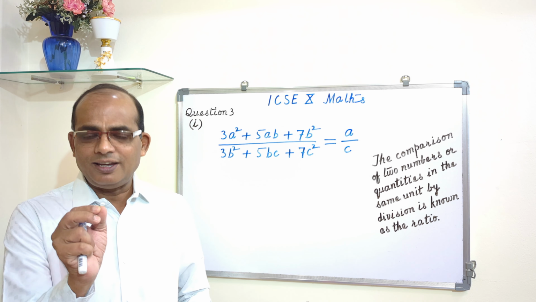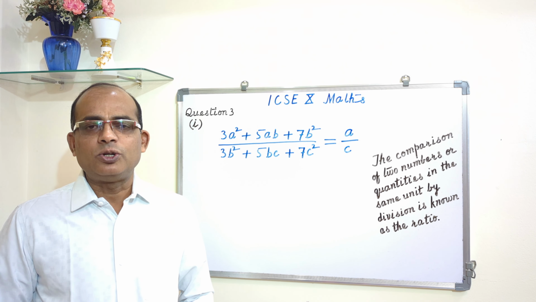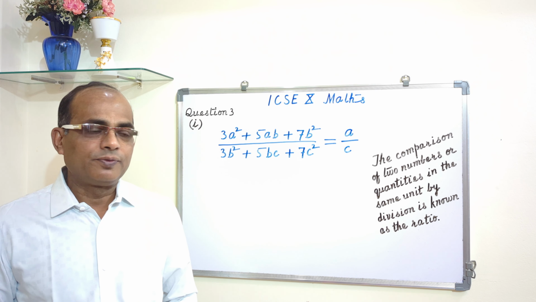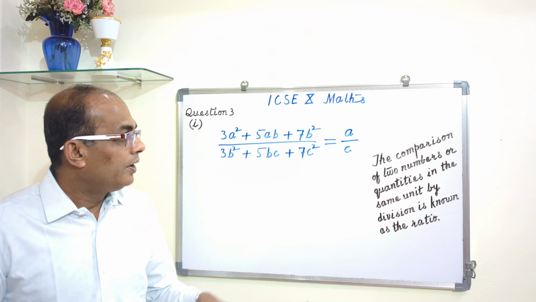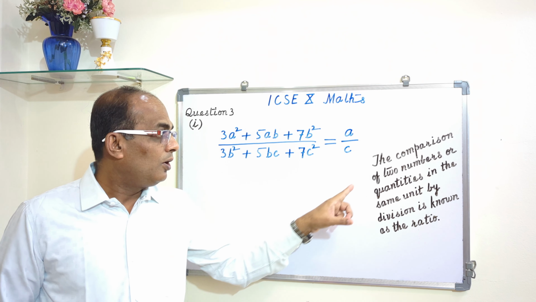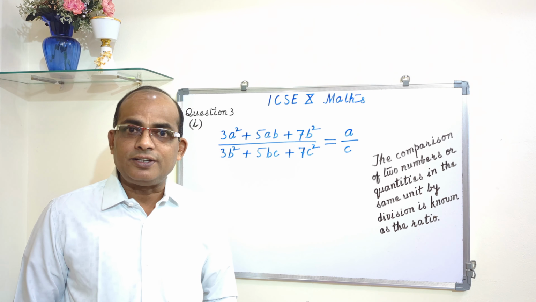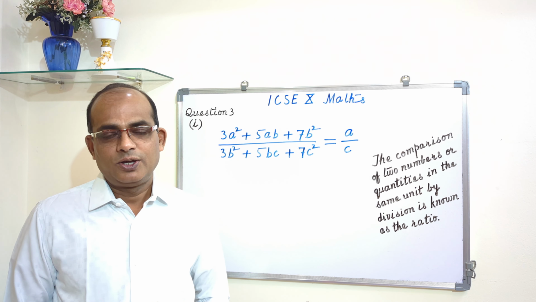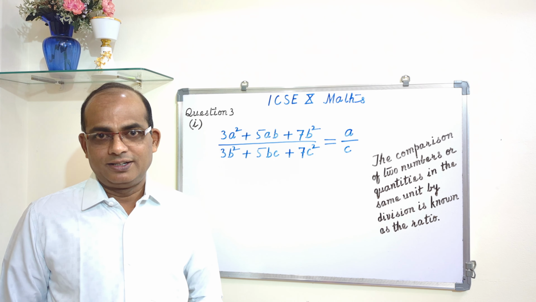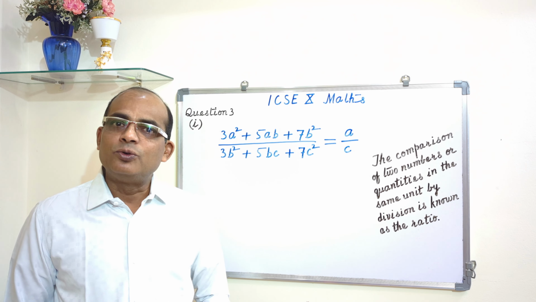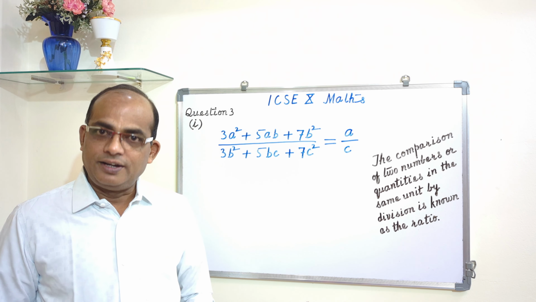So I'll just tell you the definition of a ratio, which you already know. I have written here, the comparison of two numbers or quantities in the same unit, of the same kind, by division is known as the ratio.